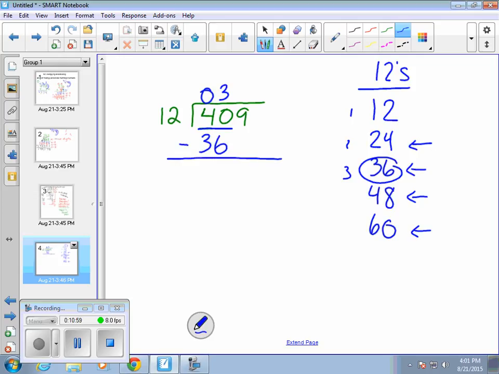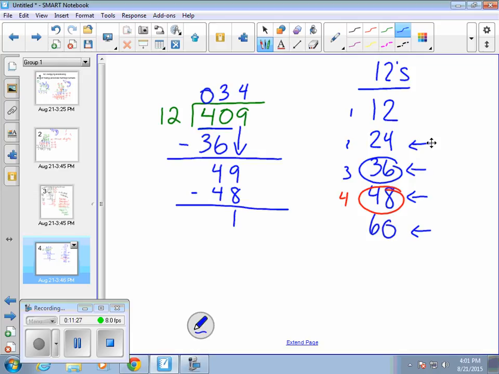Now 40 minus 36 gives me 4, and I bring down the next place value. I know from the list that I made that 12 goes into 49 4 times because it gives me 48. So I put 4 above that place value, 4 times 12, and write it down below. Then we subtract, giving me 1.